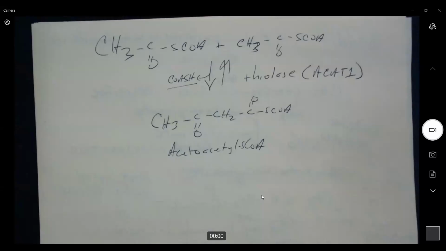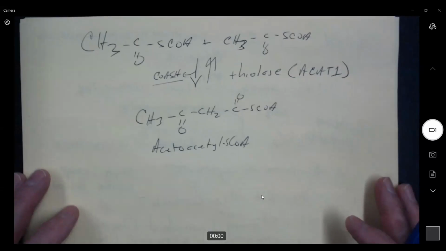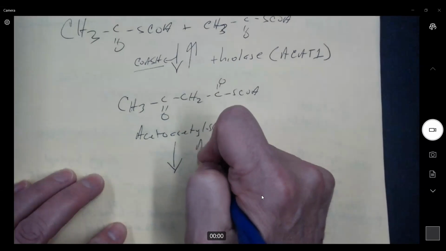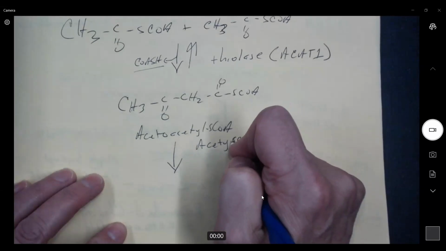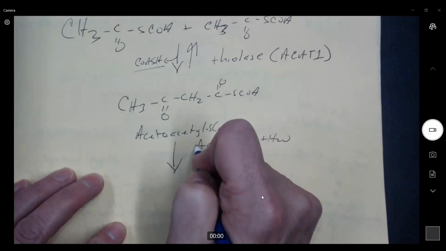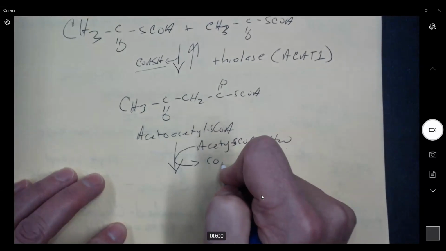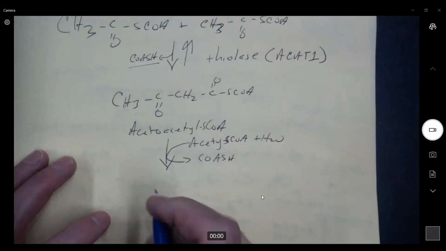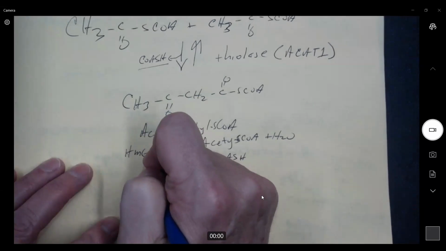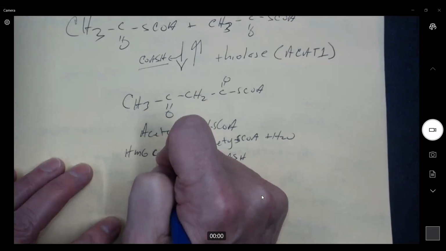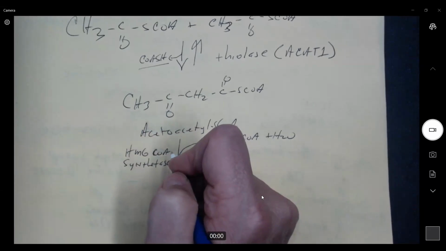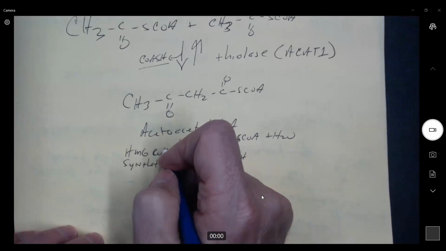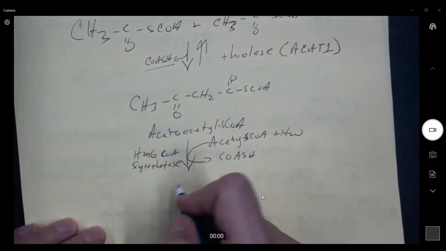Now, HMG coenzyme A is an intermediate in the synthesis of cholesterol. So with this reaction, you're going to add an acetyl coenzyme A, that's a thioester, plus water. You'll liberate a free coenzyme A this way. This will be HMG CoA synthetase.